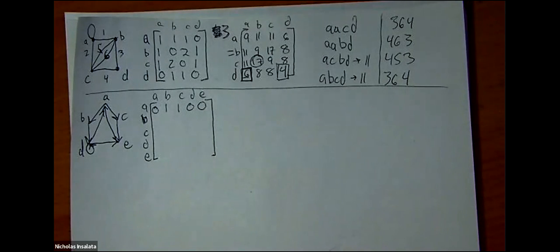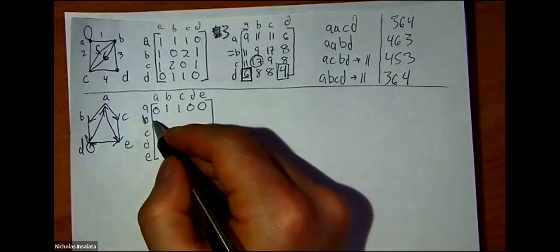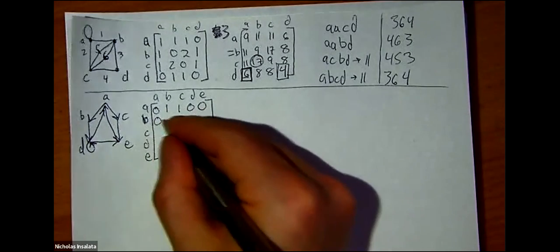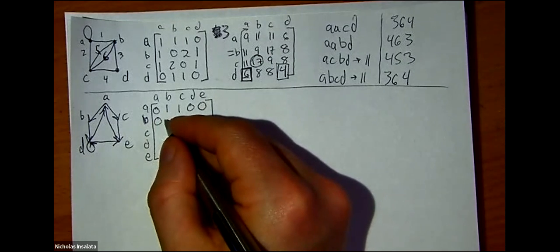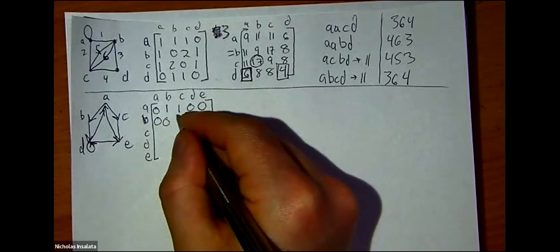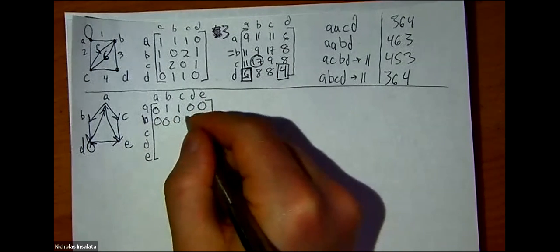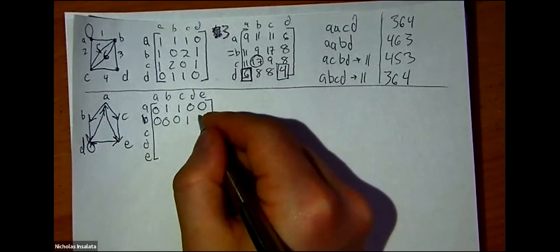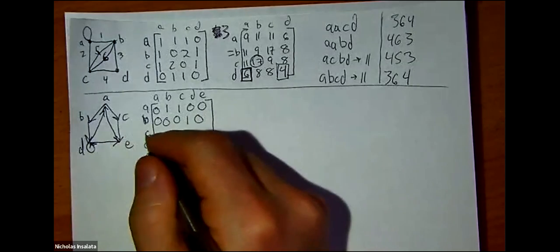Everybody happy so far? You think you can do the next row? How about B to A? 0. B to B? 0. B to C? 0. B to D? 1. And B to E? 0. Cool.